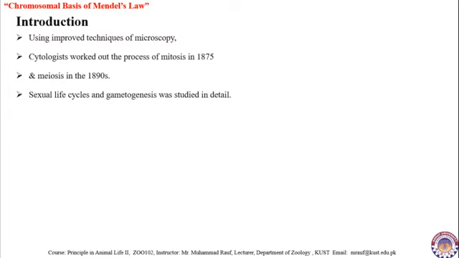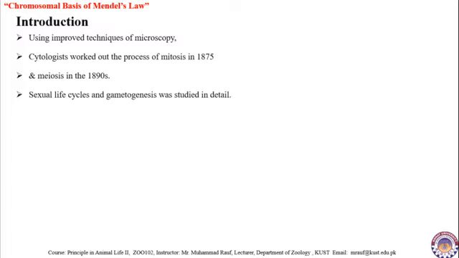Sexual life cycles and gametogenesis were studied in detail. Gametogenesis is the process where the gametes are produced, the sperm and the ova. So the sexual life cycles were studied in deeper detail too, and the behavior of the chromosomes during various stages of gametogenesis was analyzed.